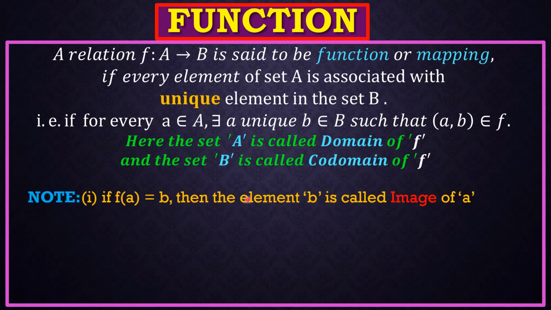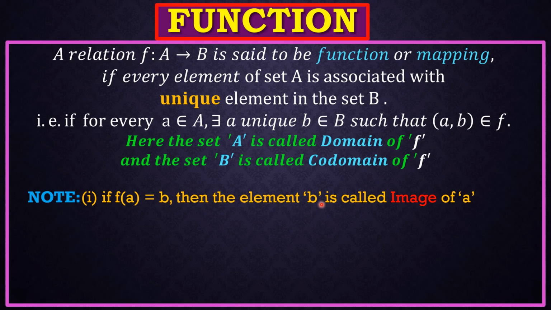And here we observe one important note. If f of a equals b, f of a means the related element in the set B. The set B contains more than one element, and in those elements f of a is related to one element, that is b.